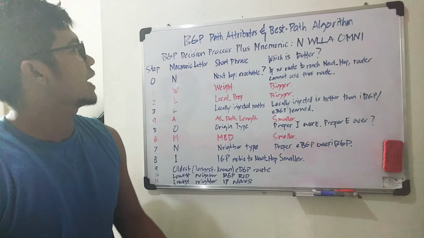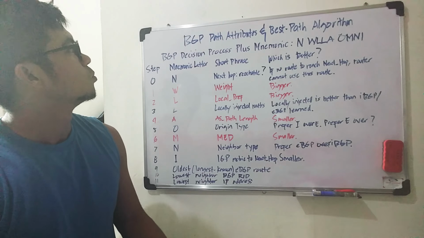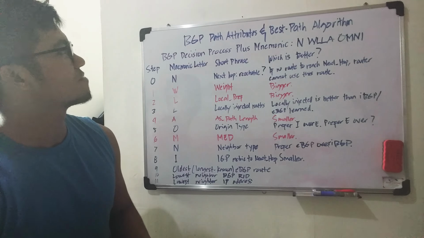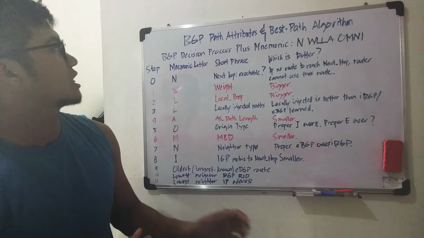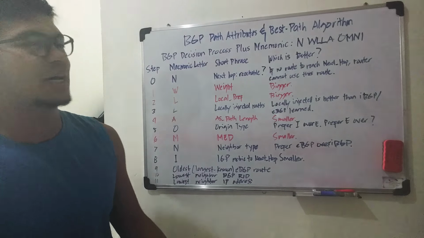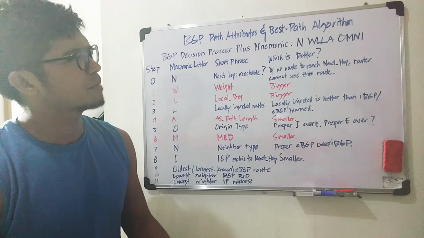Okay, BGP path attributes and BGP path algorithm. So I'm gonna talk about these. First, let's talk about the BGP best path algorithm.